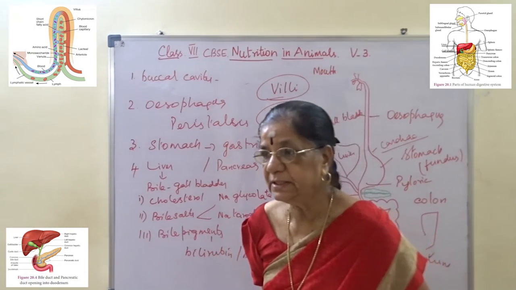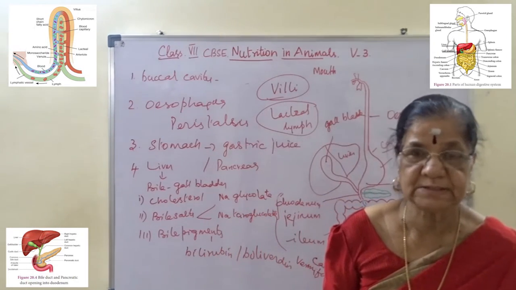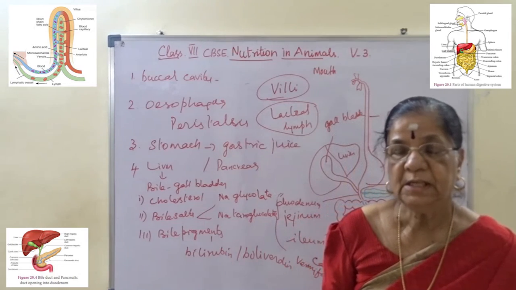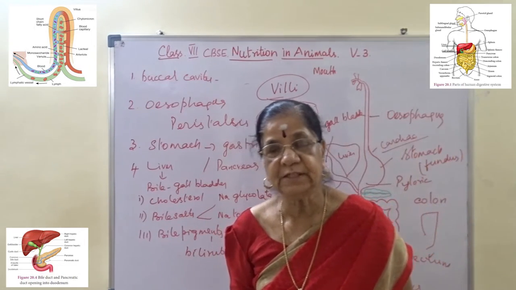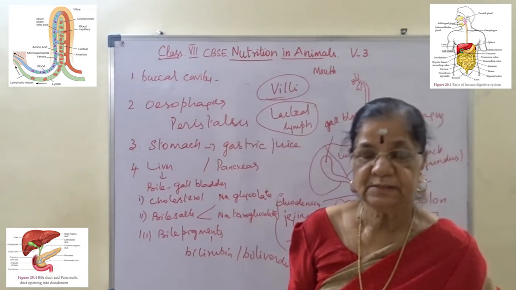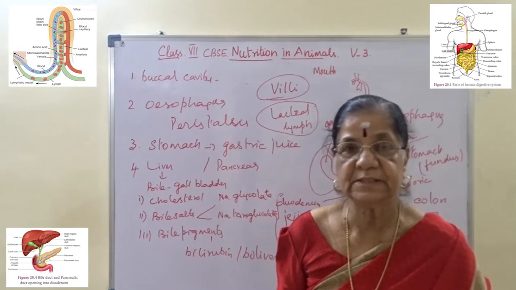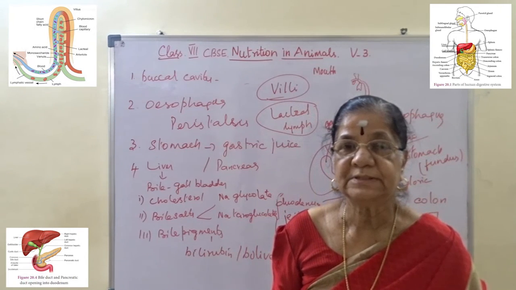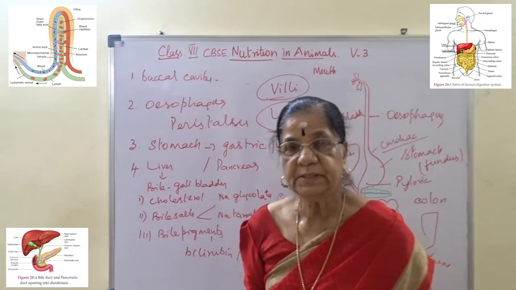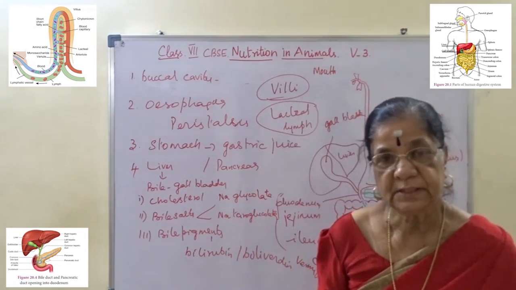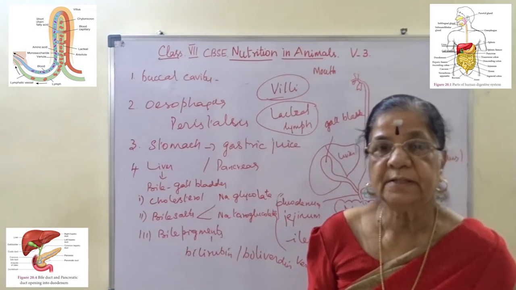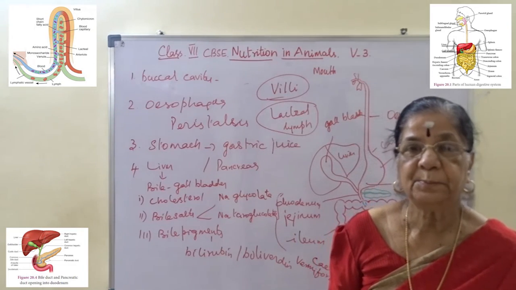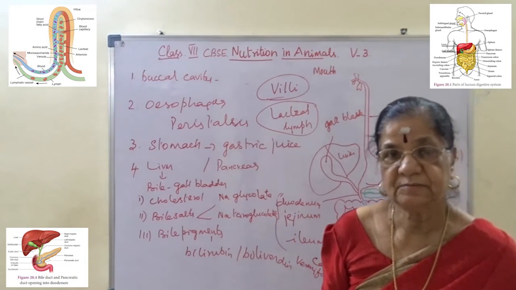And then human beings are omnivores. In humans, cellulose, the carbohydrate material in grasses and leaves, food containing fibers, that type of cellulose material cannot be digested by humans. Instead, a fibrous material called roughage can be taken, and it will prevent constipation.